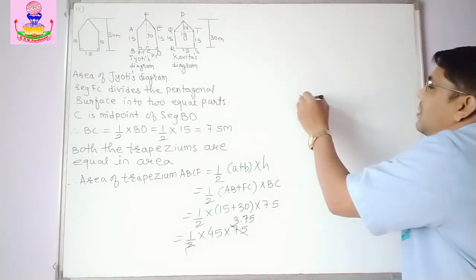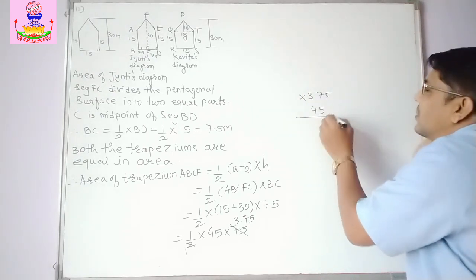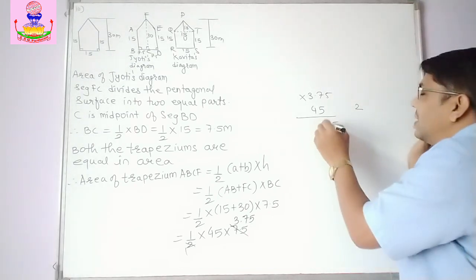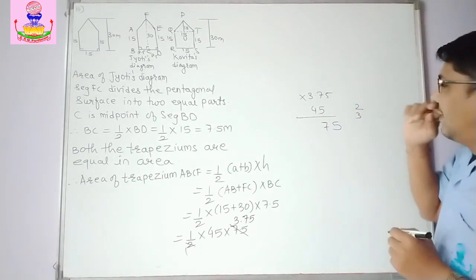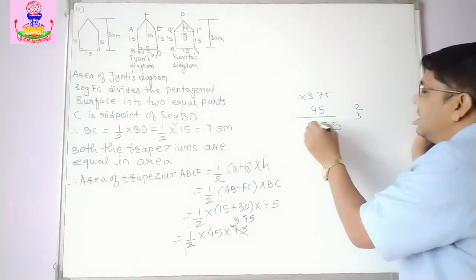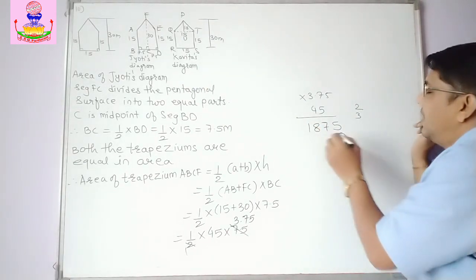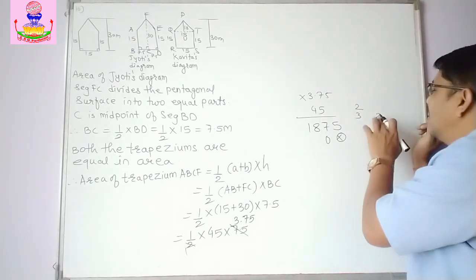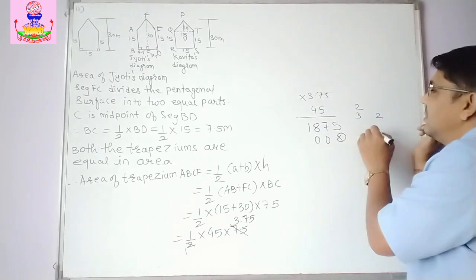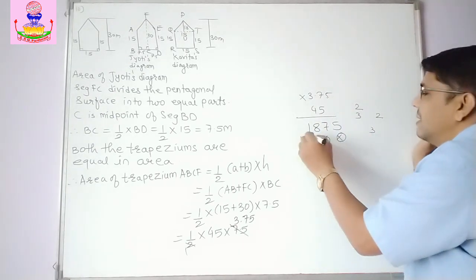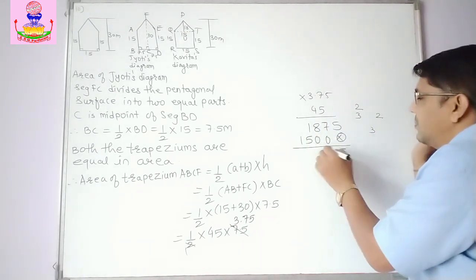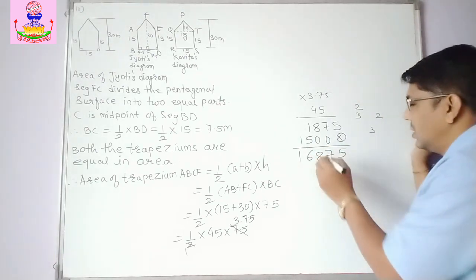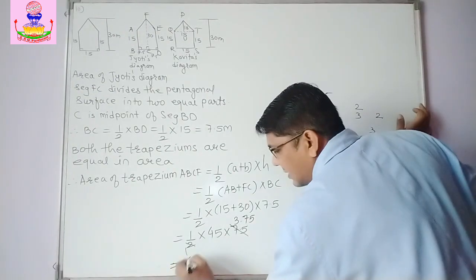Now multiply 45 into 3.75. 5 fives are 25, 7 fives are 35 plus 2, 37, and so on.